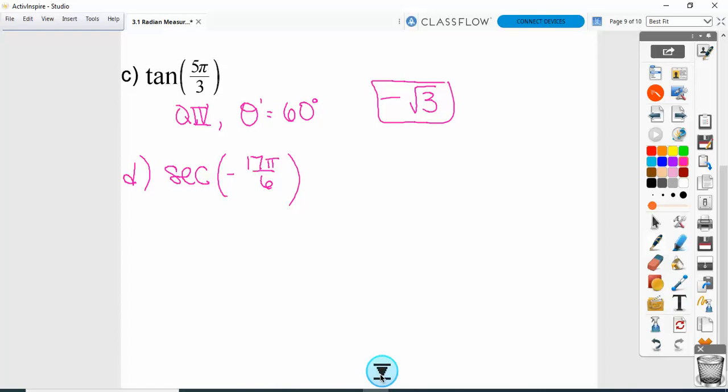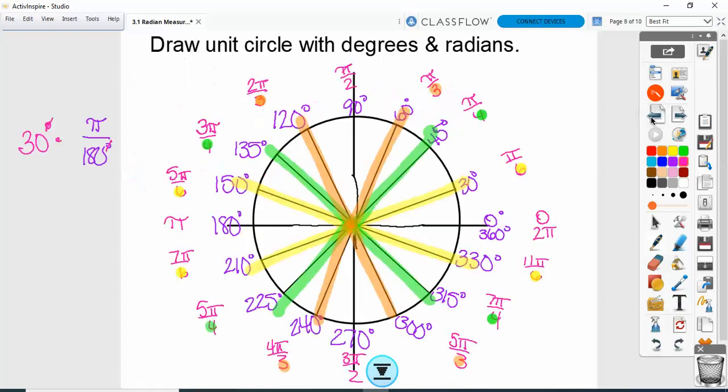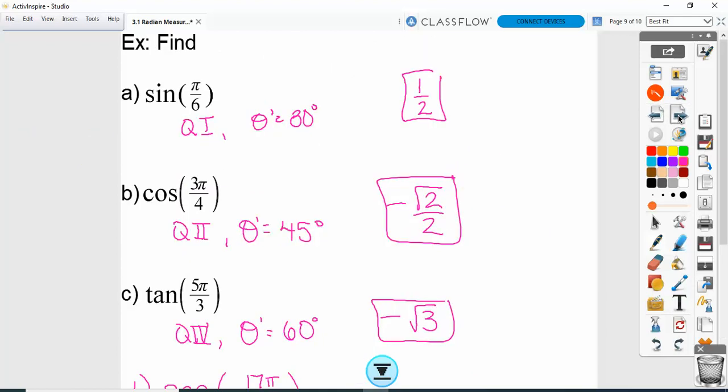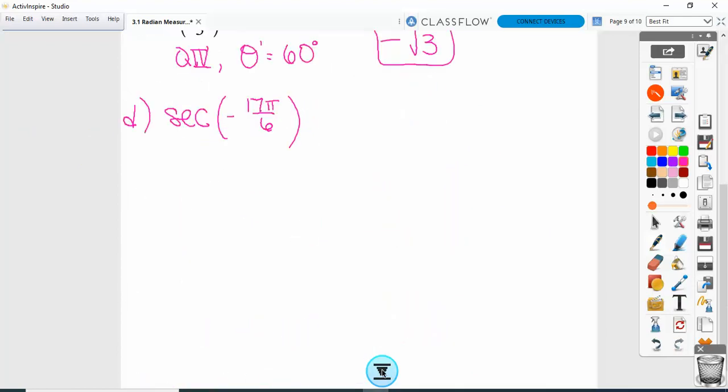If I give you a negative degree measure, what did we do to that? We have 360 degrees. Okay, in radians, 360 degrees is the same as 2 pi. So we're going to start out just adding 2 pi to this. Now, when you do it on your calculator, don't put in the pi.